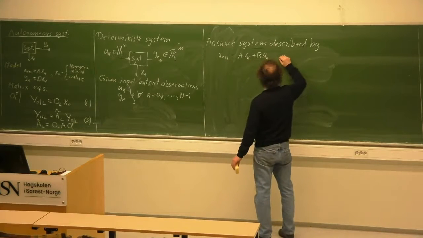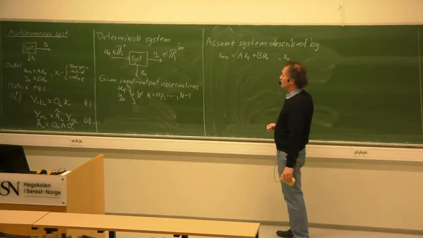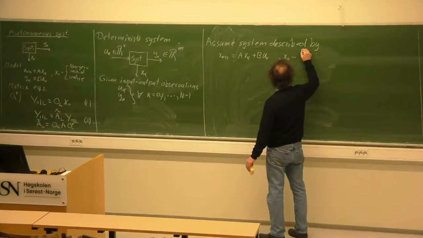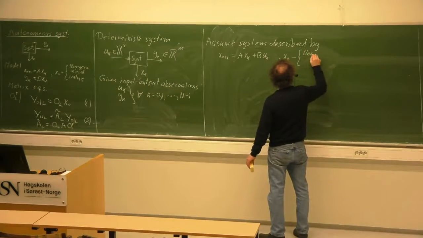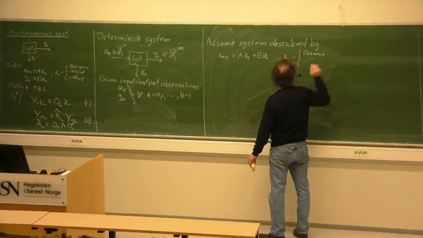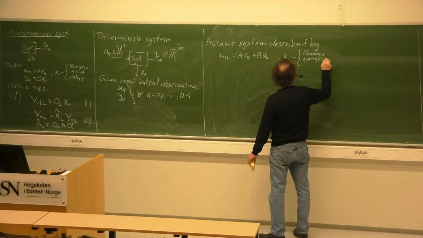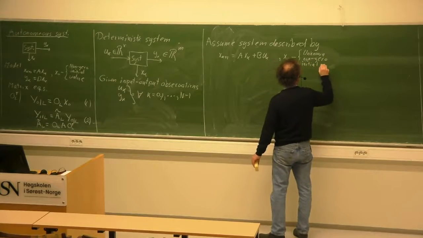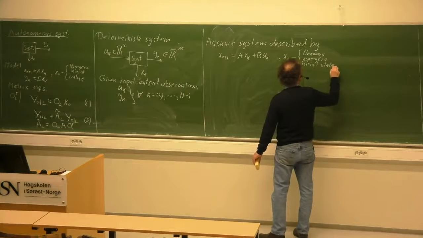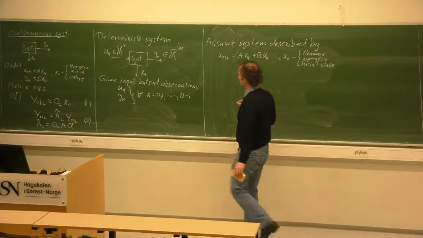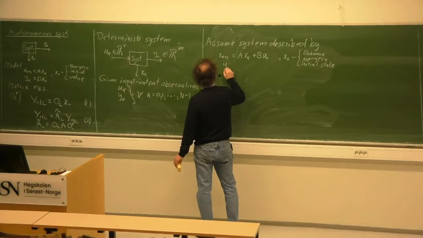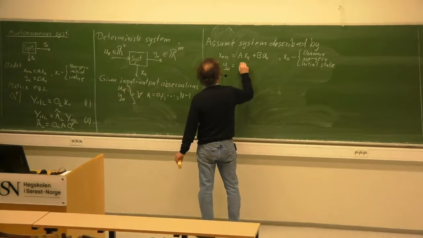And we also assume a possibly non-zero initial state vector, unknown. And the output equation y_k = D x_k.